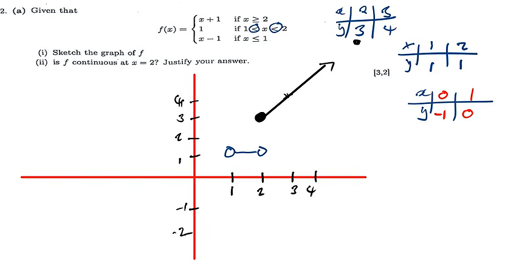Then here we have got (1, 0) in x, which is this point. At that point it is included because it's less than or equal to.